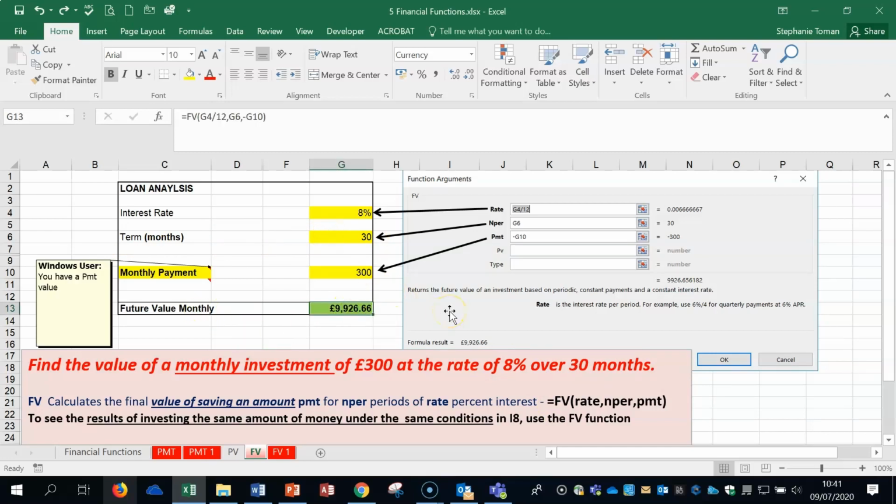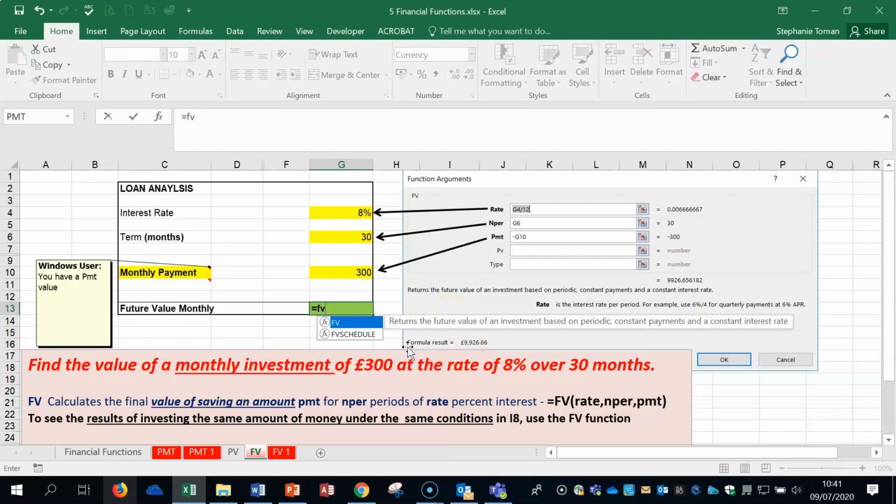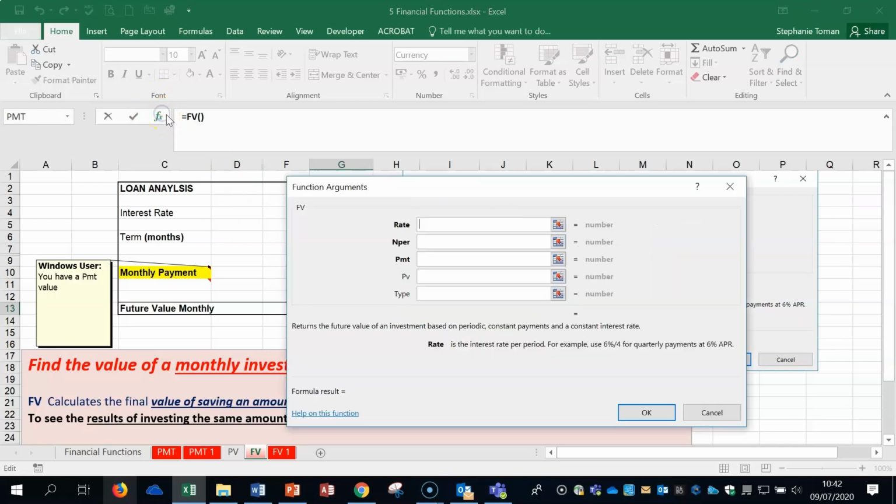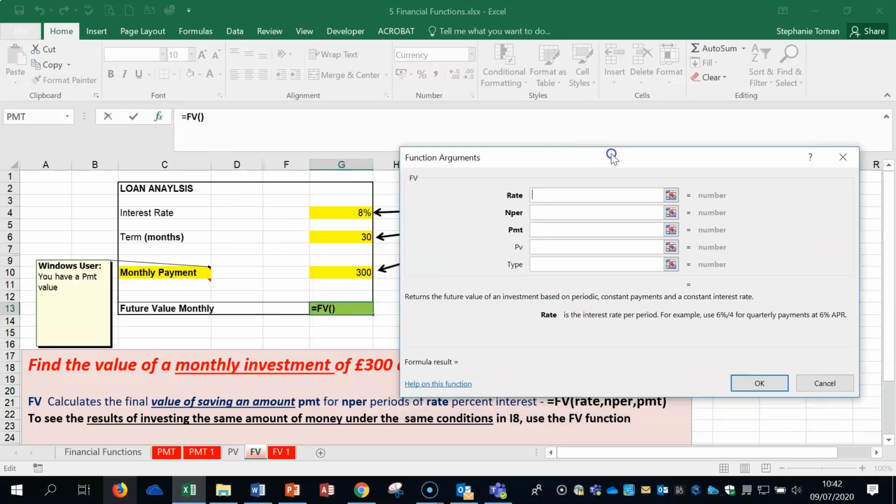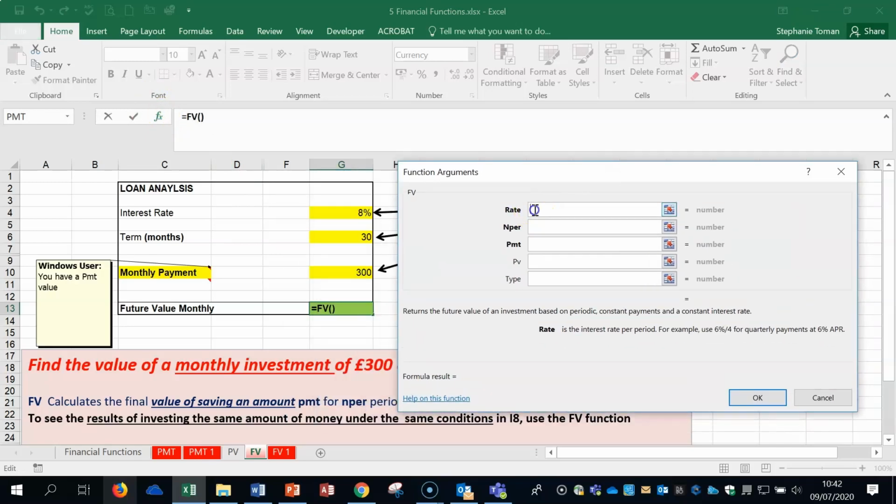So we're going to put our answer in here. Start typing future value. FX, make our lives easier. So we need to know the rate. We click on the rate. It is monthly, so I'm going to do that. That's already monthly. So we're okay.